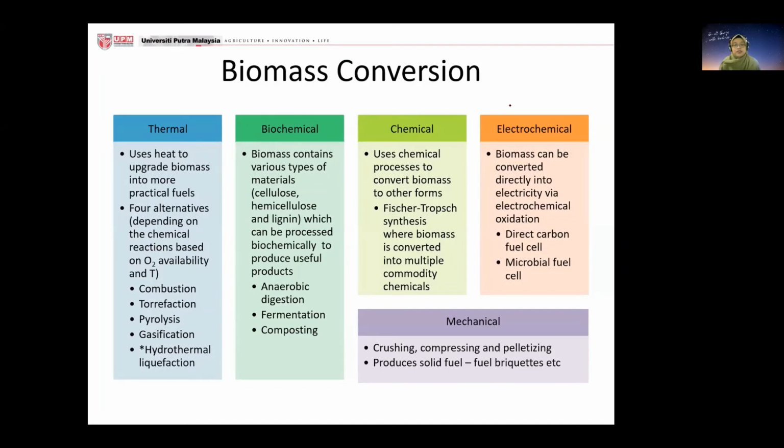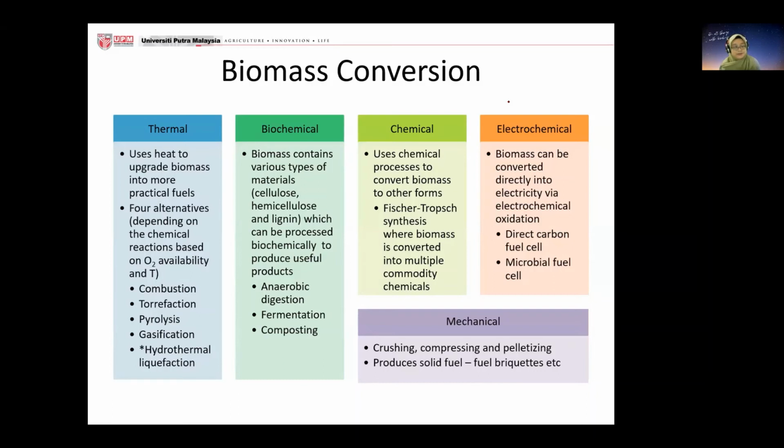In biochemical processes, there are 3 types of process. It can be anaerobic digestion. Secondly is fermentation. And lastly is composting. So you can use any of these 3 to convert the biomass into a useful type of fuel, for example.